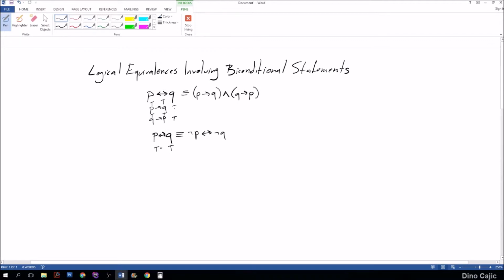Let's say true and true. True implies true is true. Going back the other way, true implies true is also true. Here, the opposite of true is false. False implies false is true. Going back around, false implies false is true as well. That's true and true. And so you can see that these two statements are, as a matter of fact, equivalent.